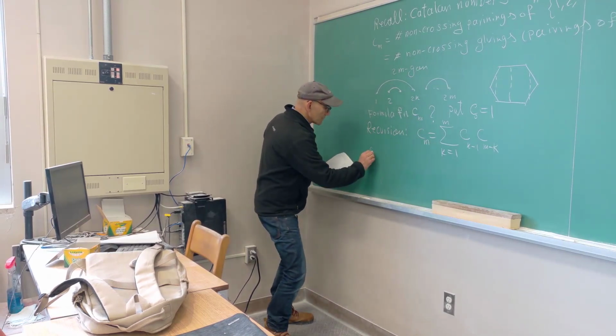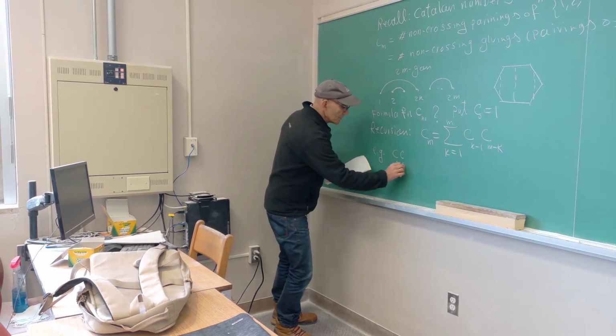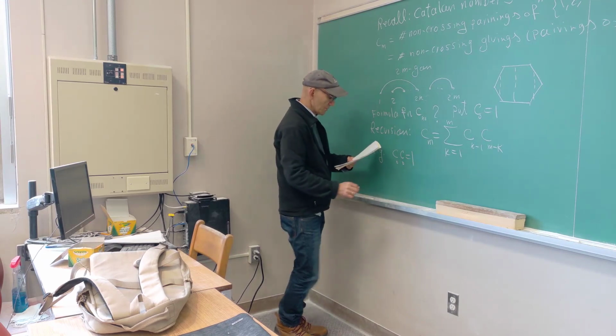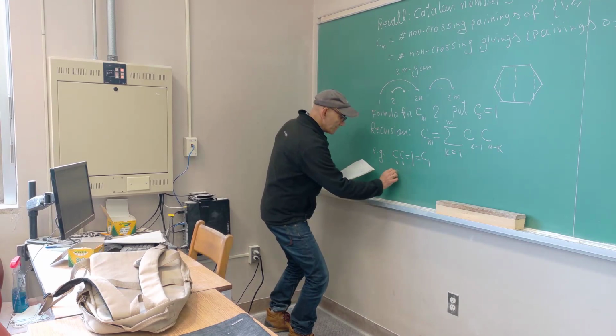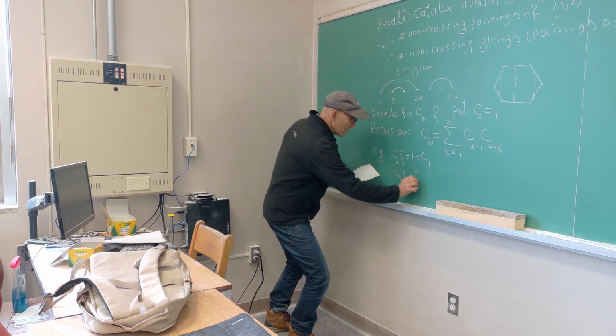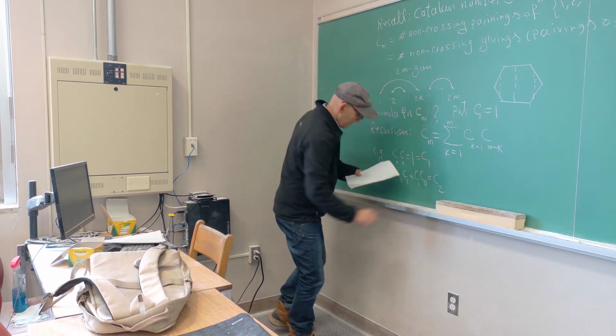So for example, we have C_0 equal to 1 to start with, which is C_1. And then we have C_0 C_1 plus C_1 C_0 equal to C_2.